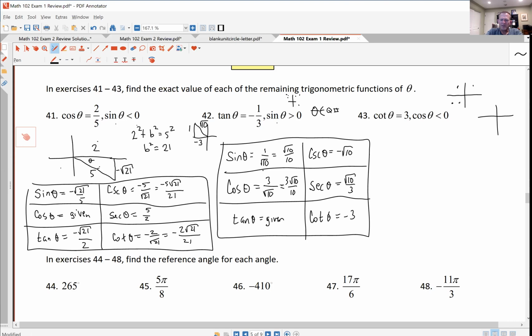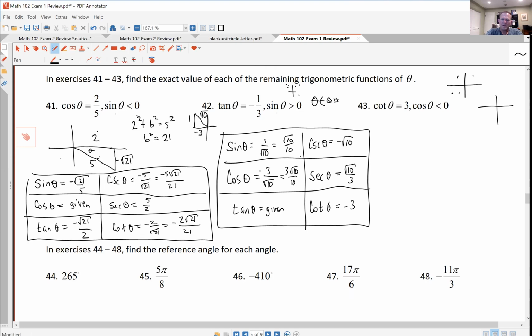Cosine is going to be negative. Positive and negative. So the moral of the story is be careful with your signs on these problems. You have to be the one that knows which one gets the negatives on these things.